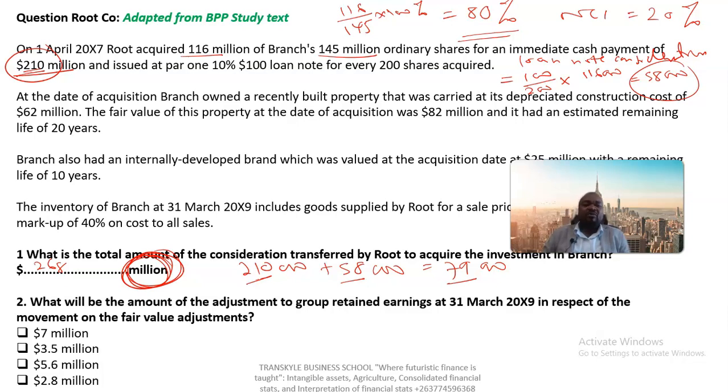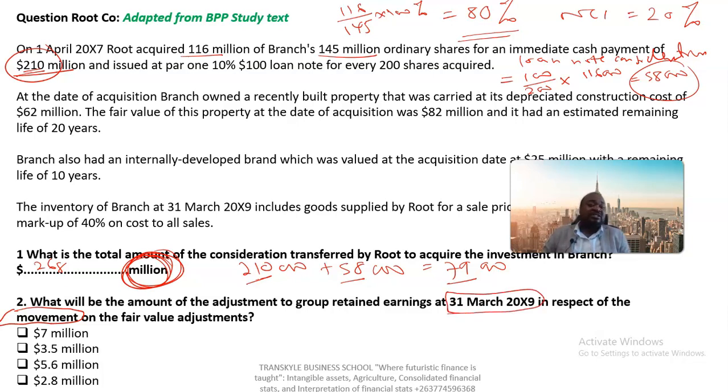Okay, so when the examiner is testing you on movements, think of items which are reported in the statement of profit or loss. You also need to be wary of the dates.